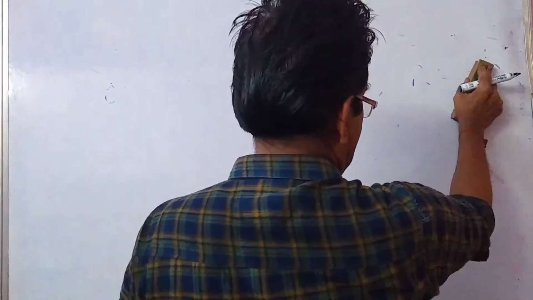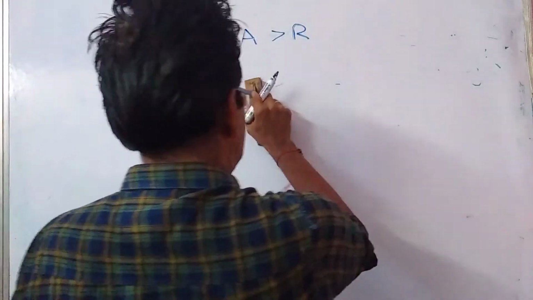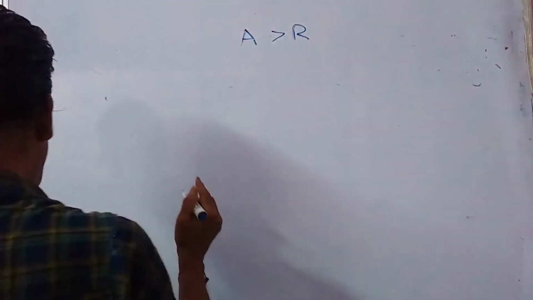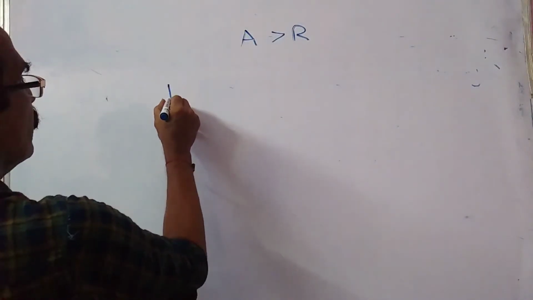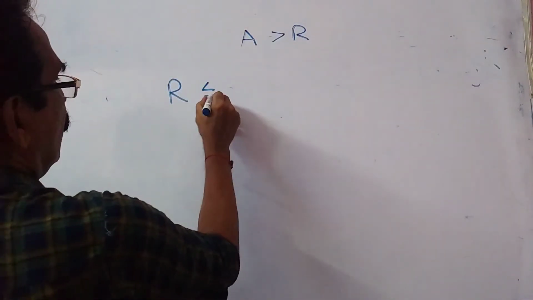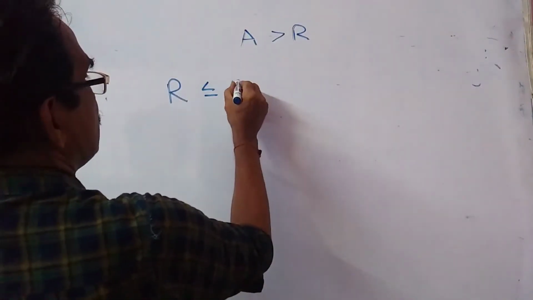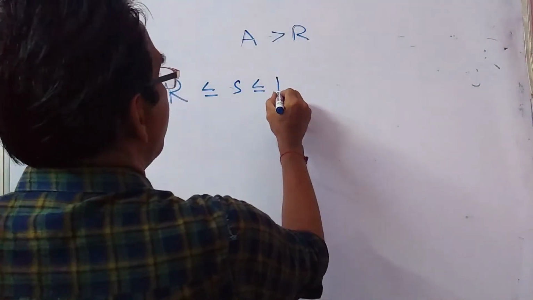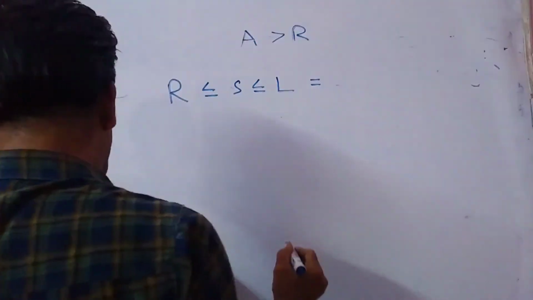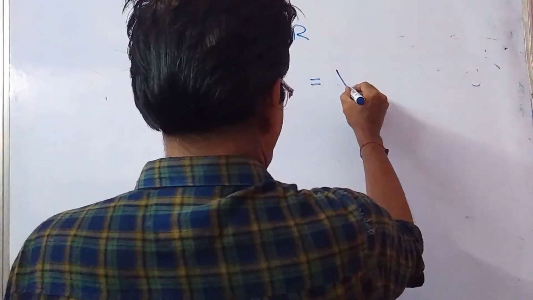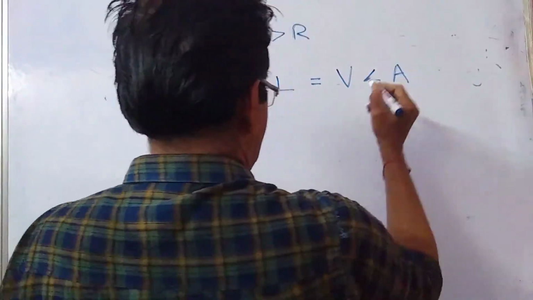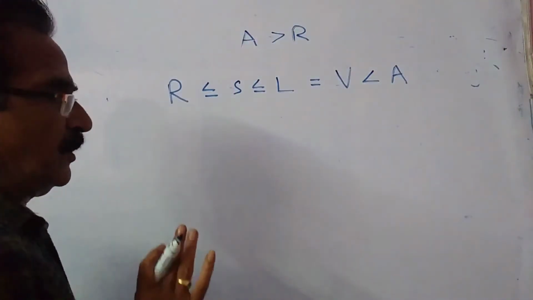So let us see what is given in the third option. Third option is this: or less than or equal to S, L, that is equal to V less than A. Only one statement is given in the third option.